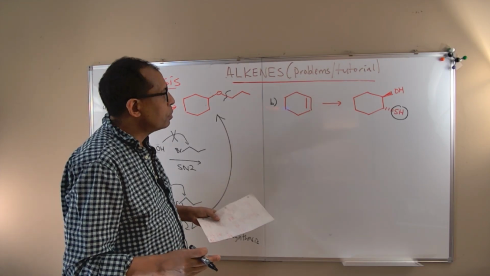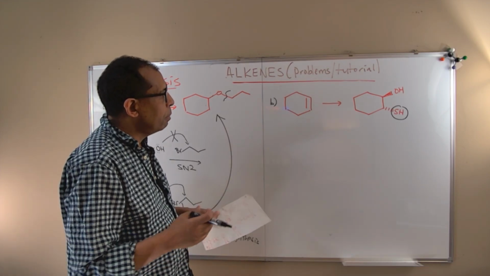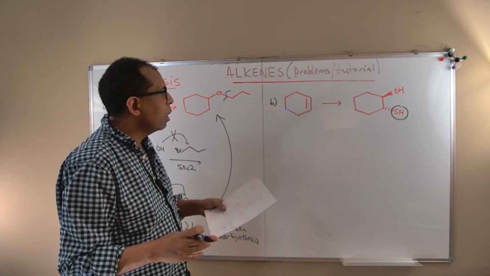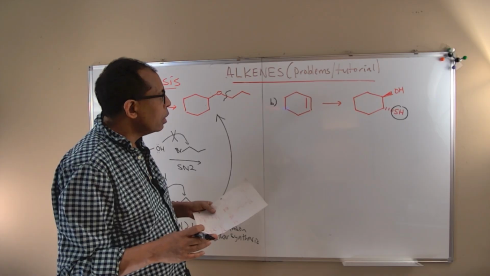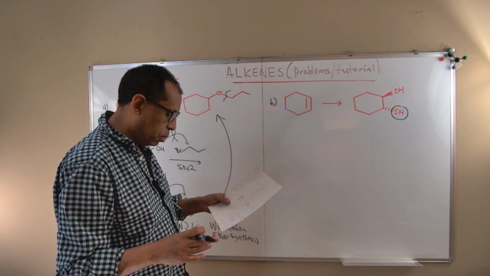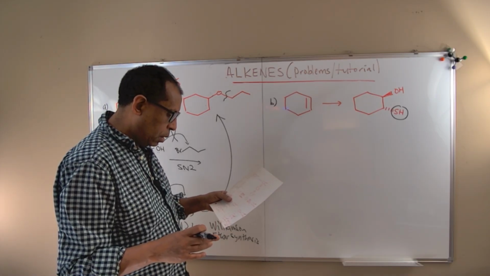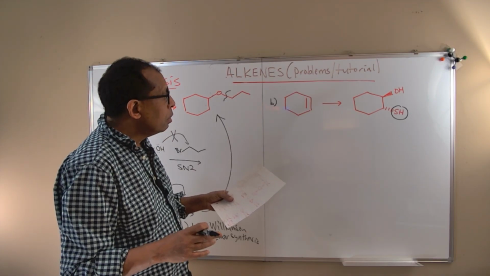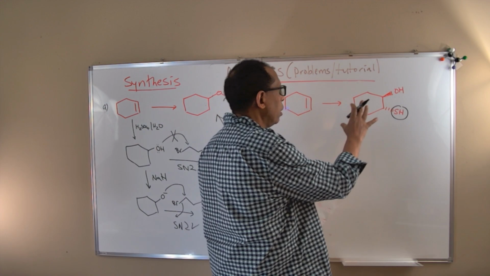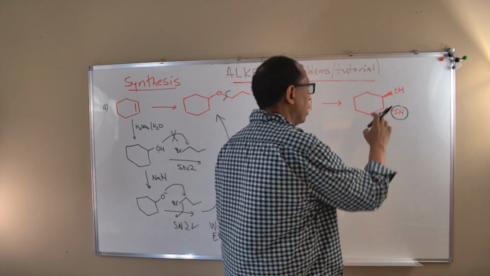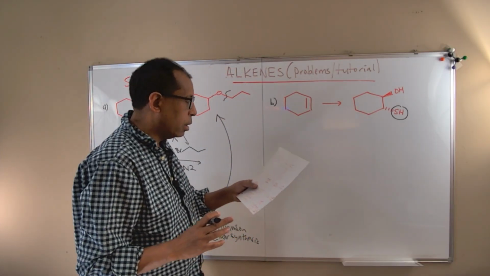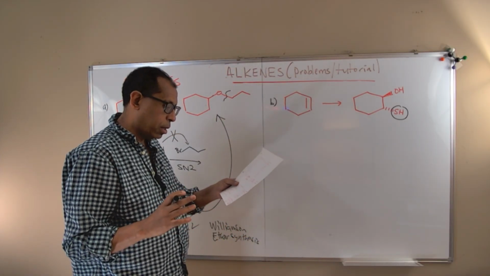If I have a bromo and a hydroxy, that can be done by a nucleophilic substitution. Here you see the issue is that the stereochemistry is well defined. This OH and this SH are trans in the product. That's what you need to get.